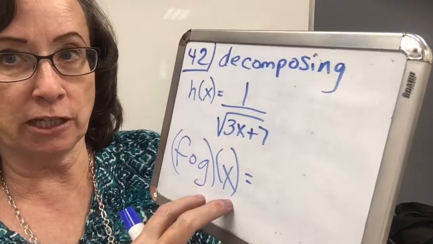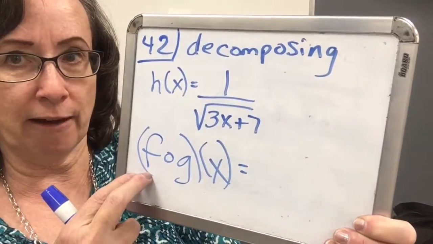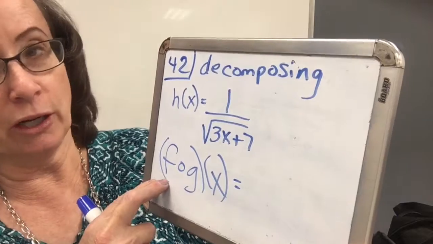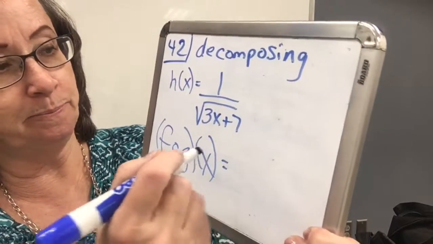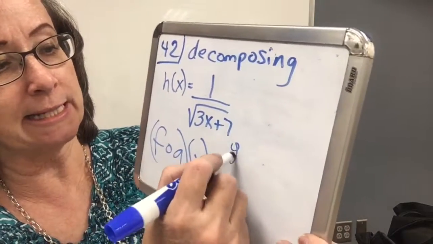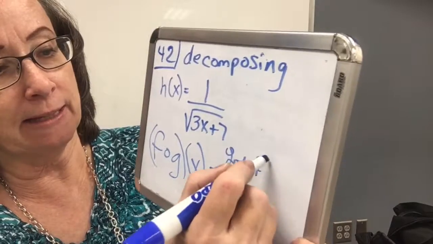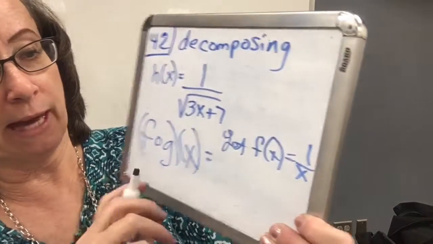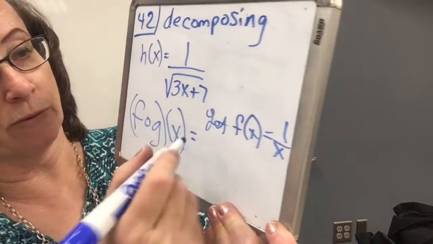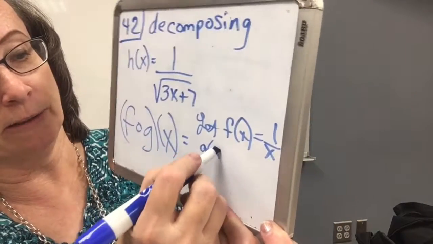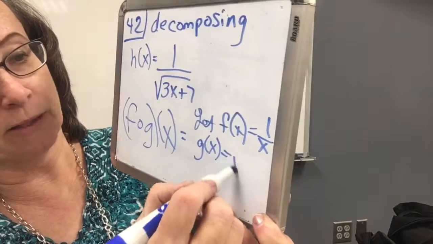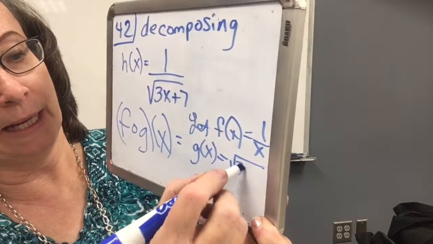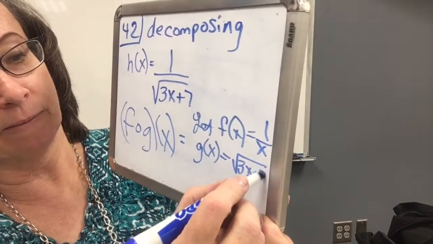But the g function goes into the f function. So we could let f of x equal 1 over x. Okay, and if f of x is 1 over x, then the g of x function could be the square root of 3x plus 7.